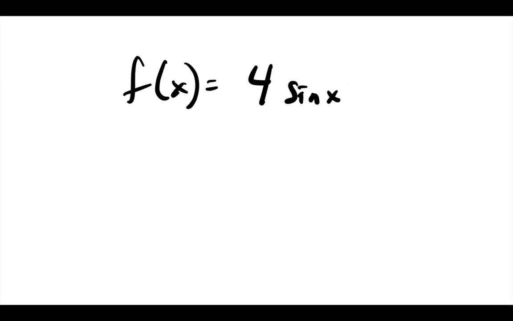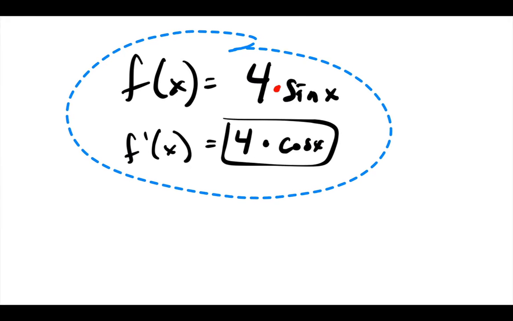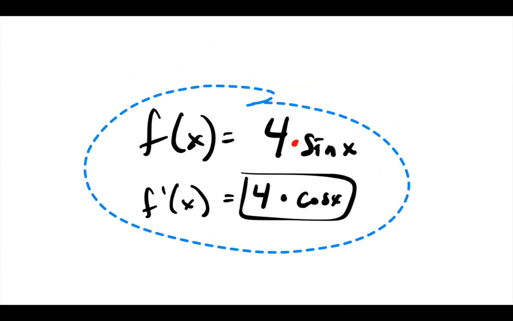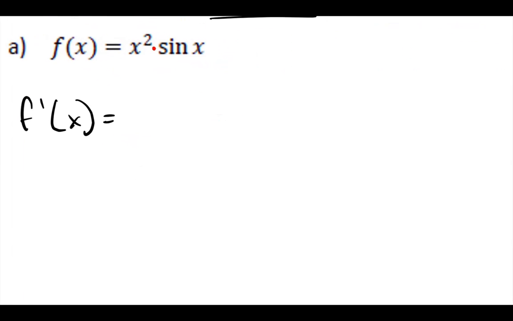It's just a coefficient in the front. You could use the product rule. It wouldn't be wrong, but it's just steps that you don't have to take. For this one, you would just move the 4 to the side, find the derivative of sine, which is cosine, and you're done. We can't do that with the one we're looking at because it's two functions multiplied times each other. So we have to use the product rule.